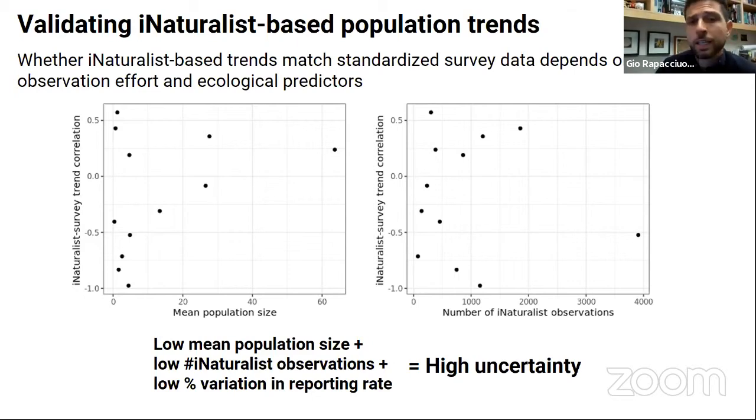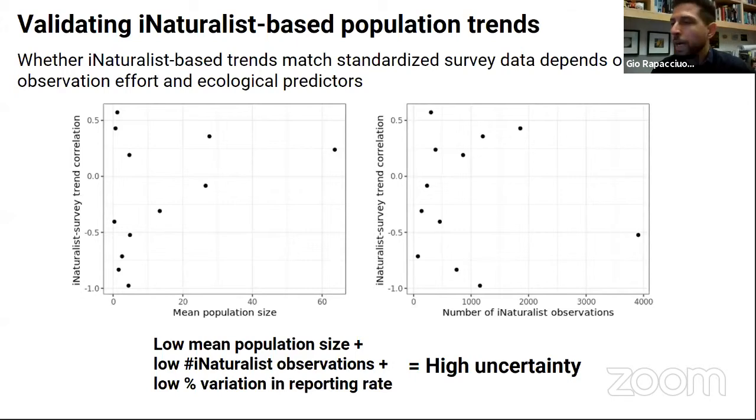And we think that that is to do with a mix of observation variables, so how often the species are being observed and how many observations it has on iNaturalist, and ecological predictors. How abundant, how locally abundant is the species at a given site or in time?